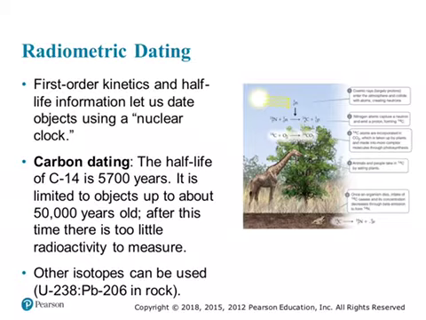After that, there's too little of the carbon-14 left that you can't actually detect how much is in there. You can try using other isotopes such as U-238 or lead-206 in rocks, but for organic material, we can go back about 50,000 years. So how does that happen? How do we measure the amount of carbon that is in a once living organism?